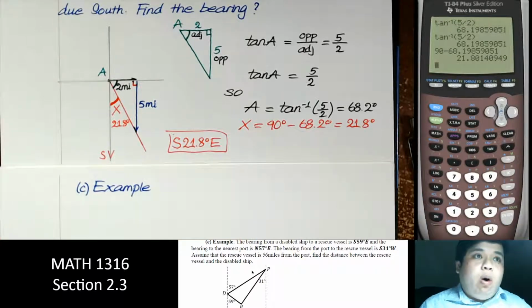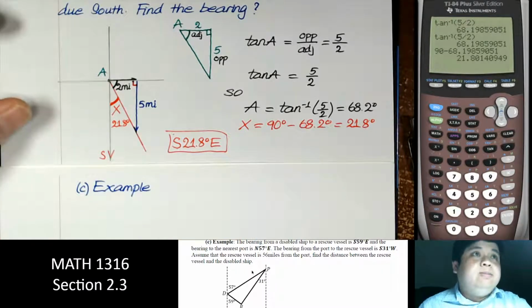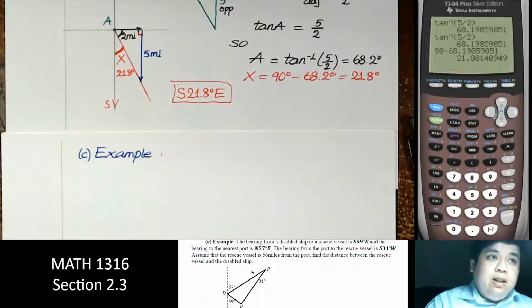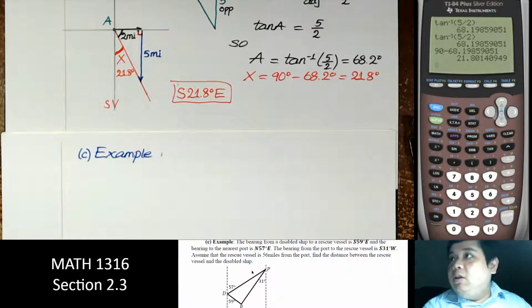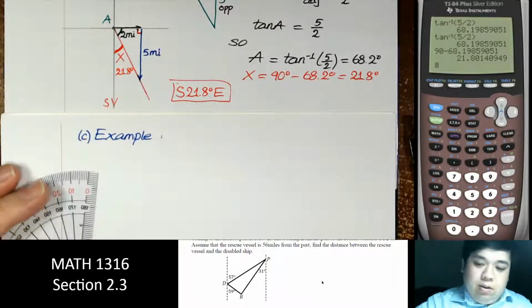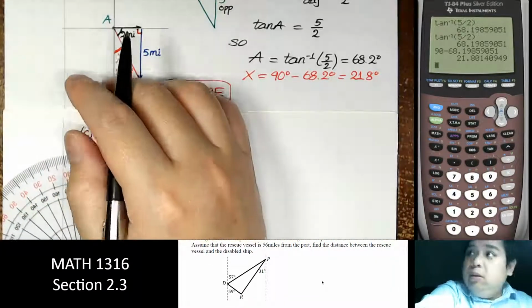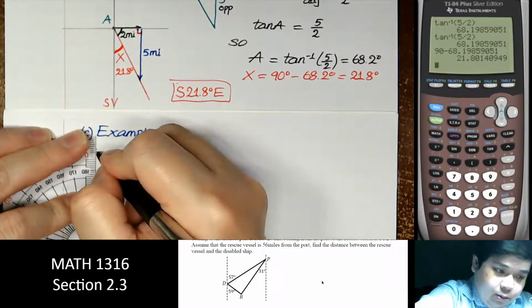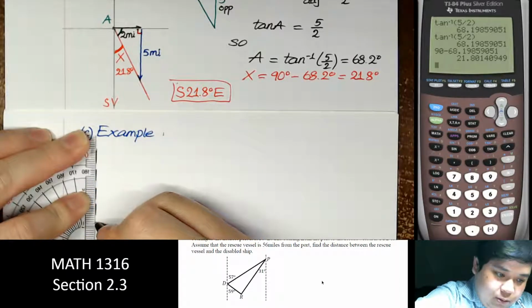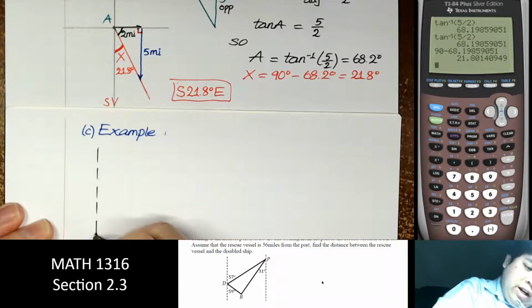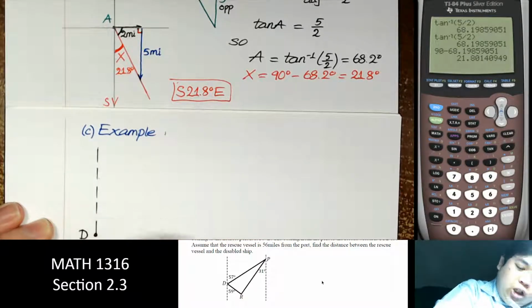Right. Next, I will try to draw instead of writing the whole problem. So first of all, we have a disabled ship.